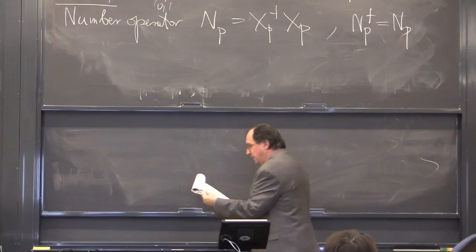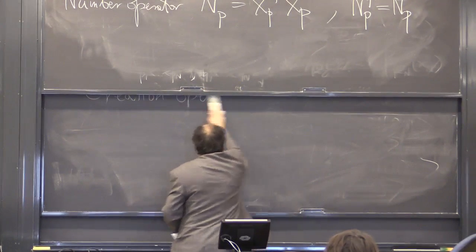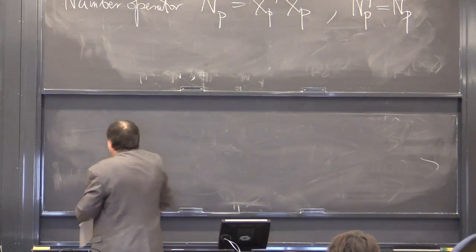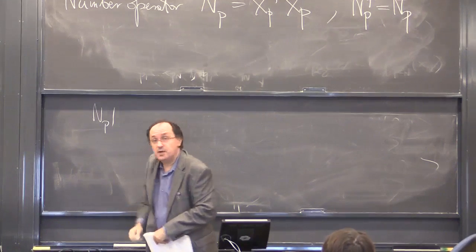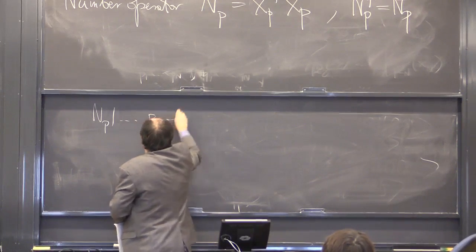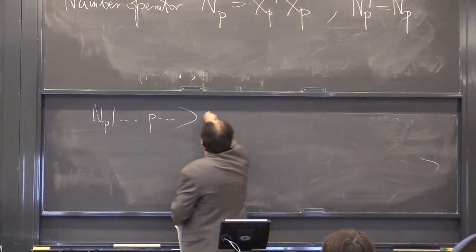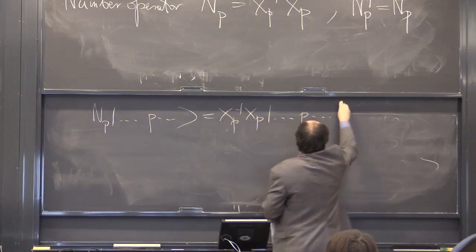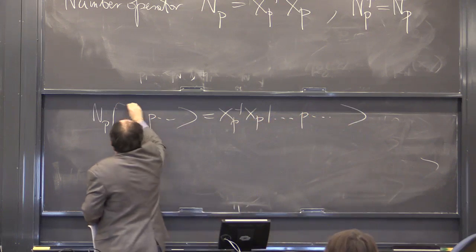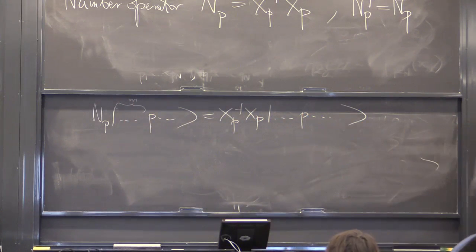What I'm going to do is a little exercise. I'm going to try to apply NP to, again using the notation from normal ordering, a state where P is occupied. I want to now see what happens, so I'm just going to apply our definitions. Let's assume that we have M here meaning the M occupied states before level P, as we did before.